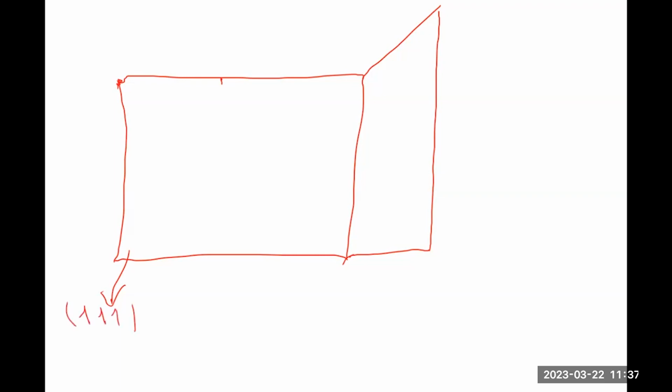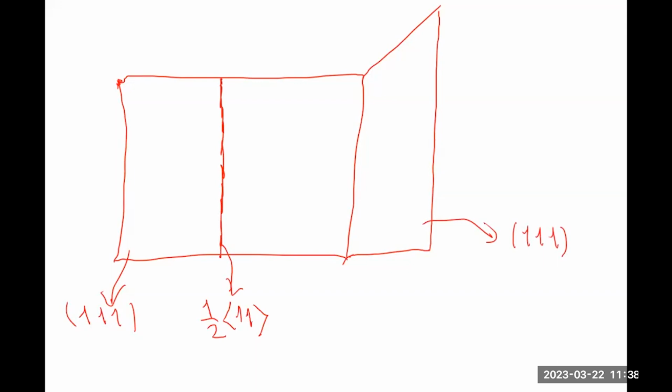This is a 111 plane, and this is another 111 plane. And a perfect edge dislocation. What is the Burgers vector of a perfect edge dislocation? 110, perfect. So far, so good.